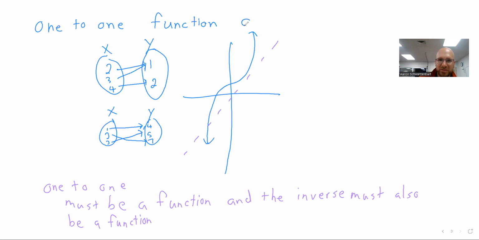Call it f of x. Well, we'll call it g of x. I made a g. Its inverse is going to be here in red. Since g is a function, I can label it with inverse function notation. Okay.